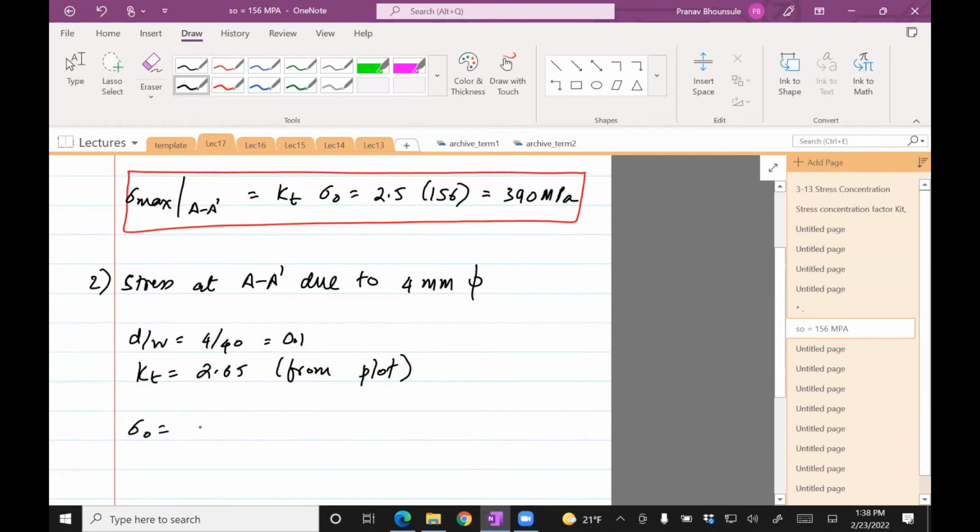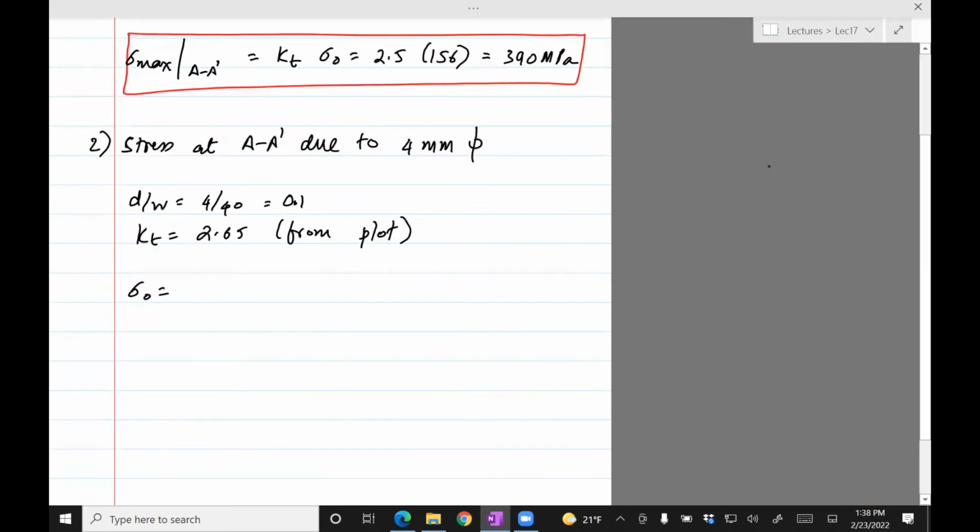Okay, now let's compute sigma 0. The same formula applies. It's P divided by W minus D times T. P is 10 kilonewtons, so that's 10 times 10 raised to 3. W is 40 minus D, D is 4, and I convert that to meters by multiplying by 1e negative 3.